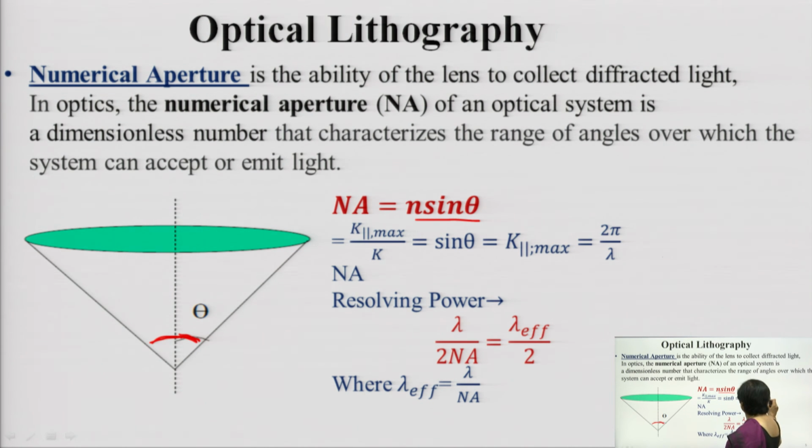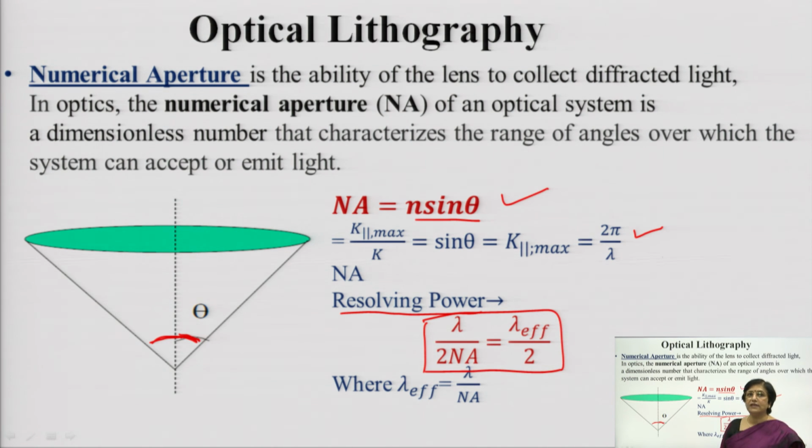It also depends on the wavelength, and the dependence on the wavelength is 2 pi upon lambda, where the resolving power is the ability with which it is going to reproduce the imprint, and this is given by lambda upon 2 NA. So, this is how the resolving power, or numerical aperture, is calculated.